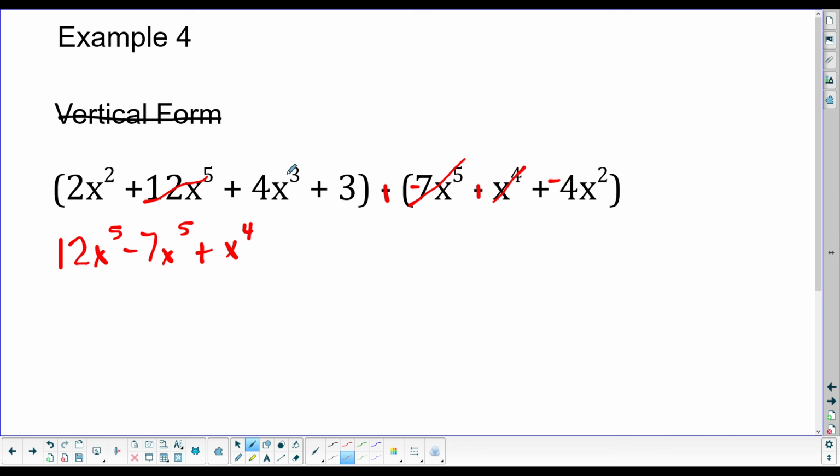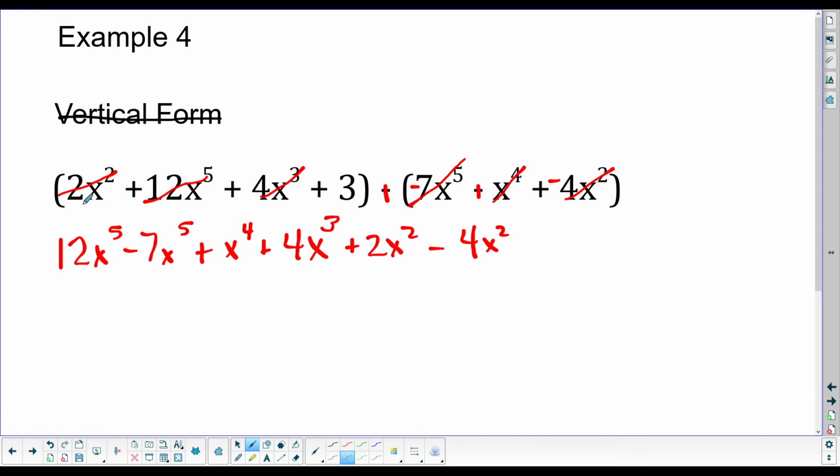Next, I'm going to have cubics. So I've got 1 cubic there for x cubed. I've got quadratics next, so about 2x squared, and then this is -4x squared. So I've got rid of all the quadratics.